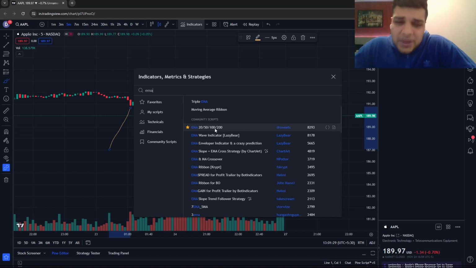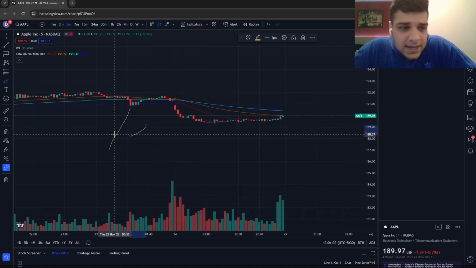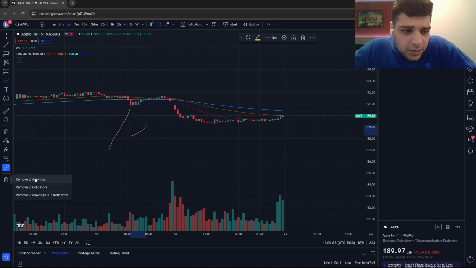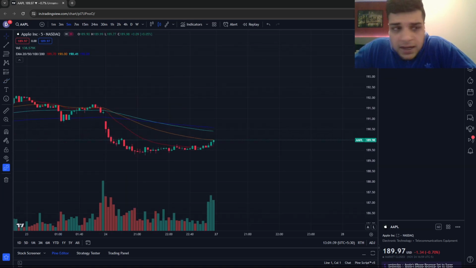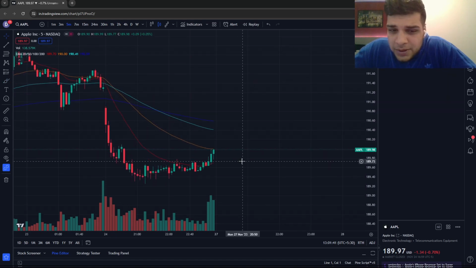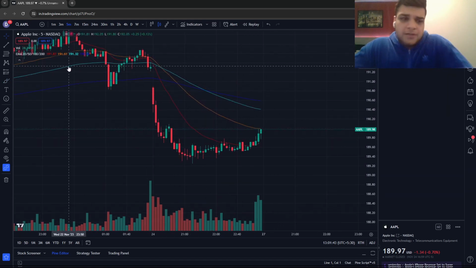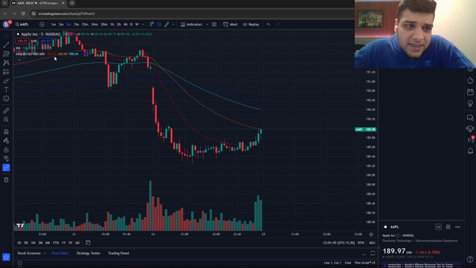It's a pre-made community script. You can easily find it. So what the 20, let me delete these drawings. What the 20, 50, 100, 200 does for you, it gives you an idea. Here the red, of course, is 20, orange is 50, light blue is 100, dark blue 200.